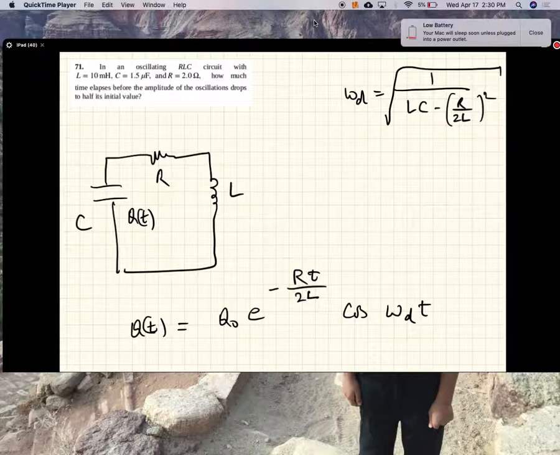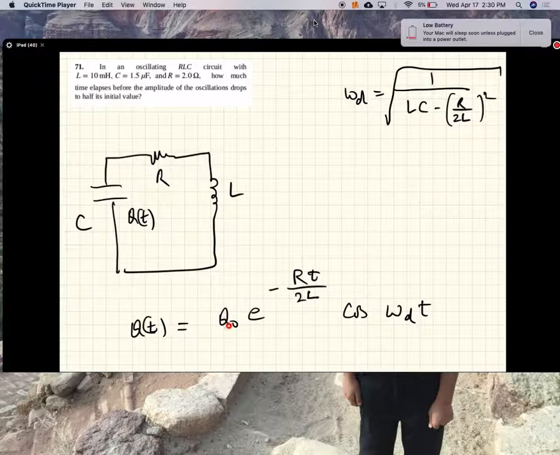Anyway, here's what's relevant to us. You see the amplitude of oscillation is dying exponentially, and that's what matters to us. How much time elapses before the amplitude of the oscillation drops to half its initial value?